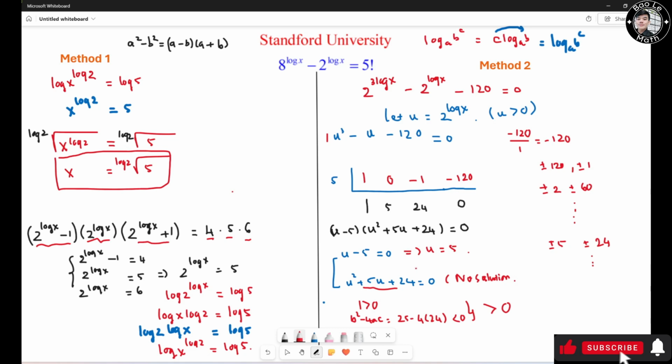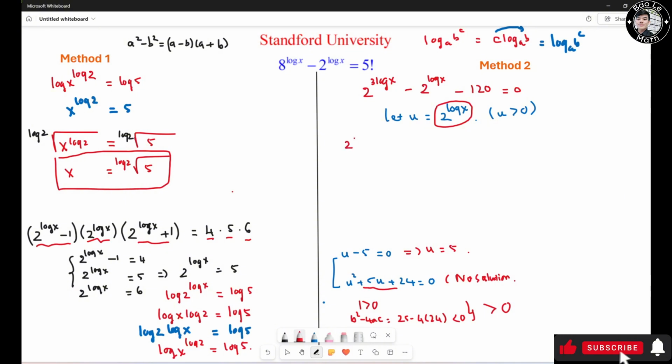Now we substitute 2 to the log s for u. So we have 2 to the log s equals 5. Now we take log of both sides.